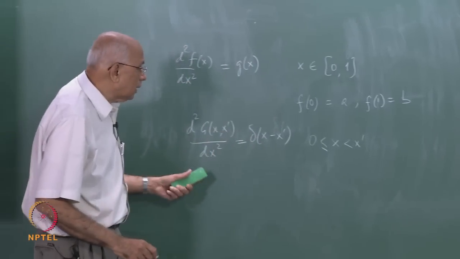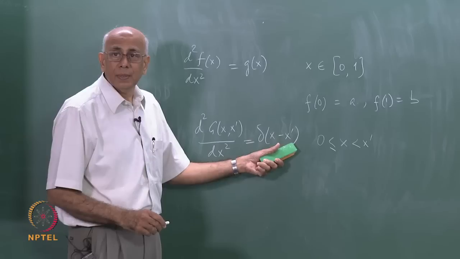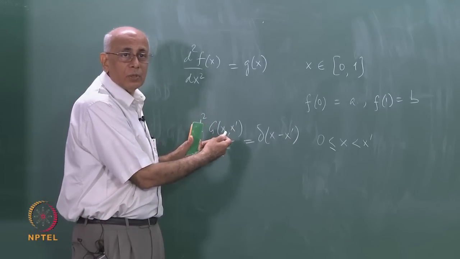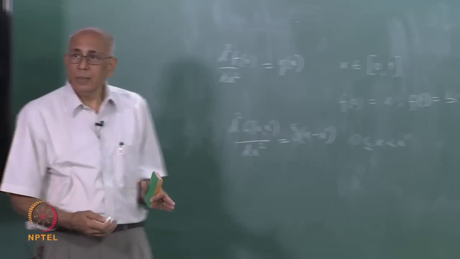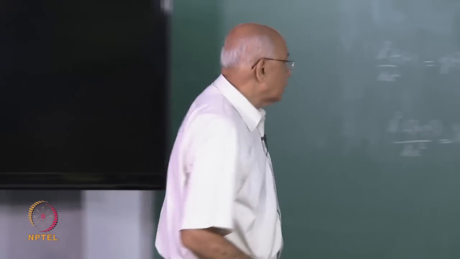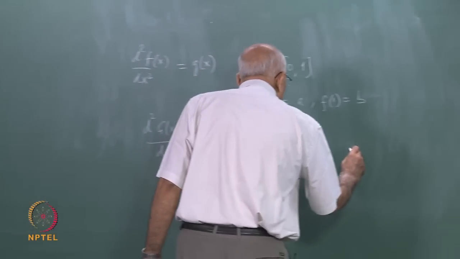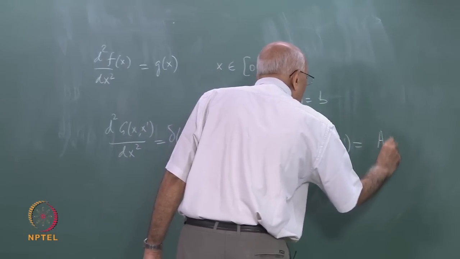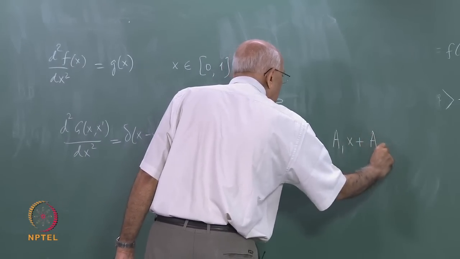What is the solution to this equation? Well, this is 0 here. So it says the second derivative of this g as a function of x with respect to x is 0, which means that g is just a linear function, right. So this implies that g of x comma x prime equal to some a1x plus a2.